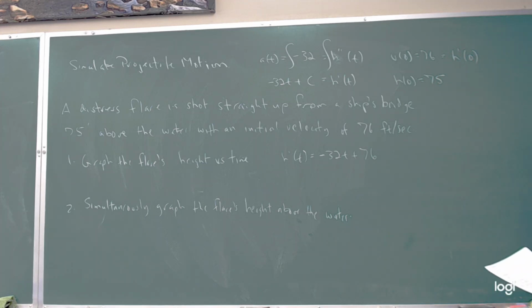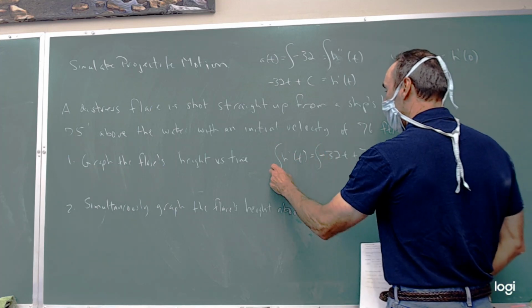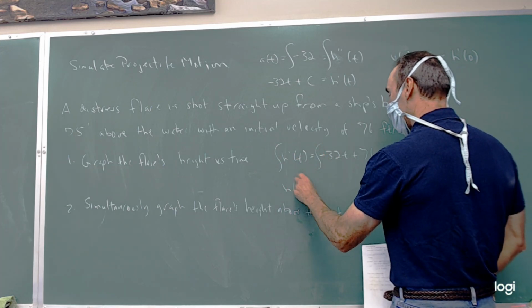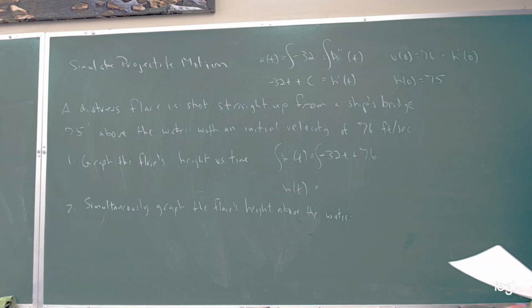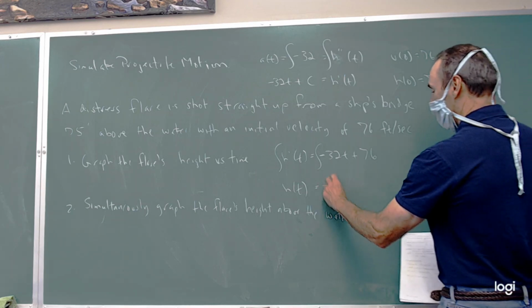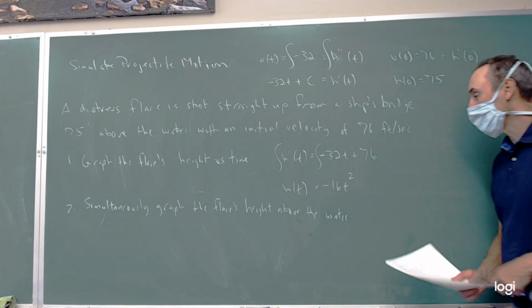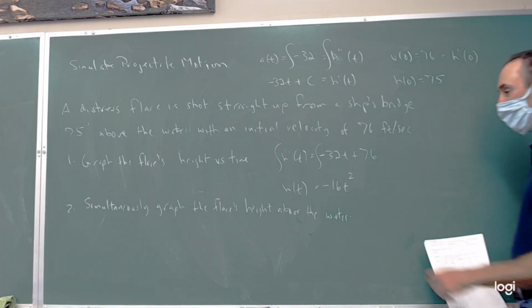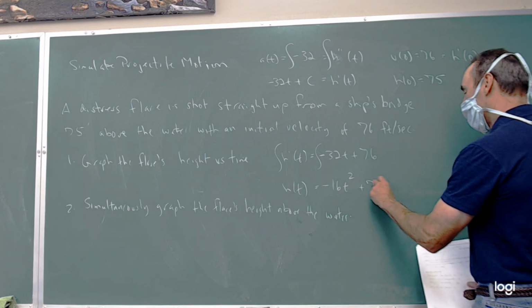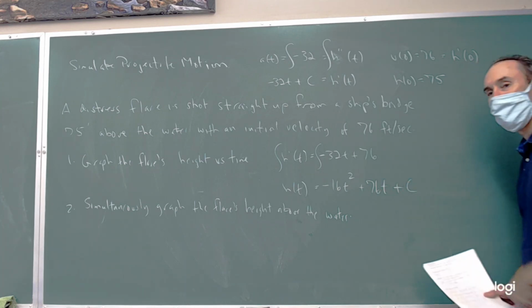Okay? What next? Okay, we integrate again. I'll keep my same rule. Integral of h prime is h. Integral of negative 32t is going to be negative 16t squared, like you've never missed a beat. Integral of 76 is 76t, plus c.